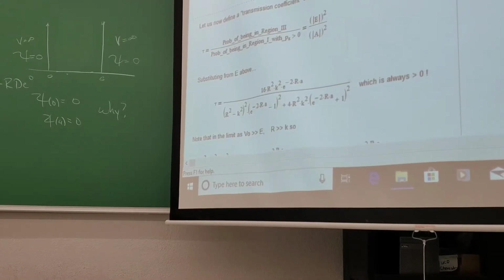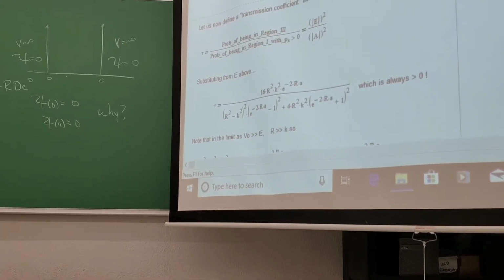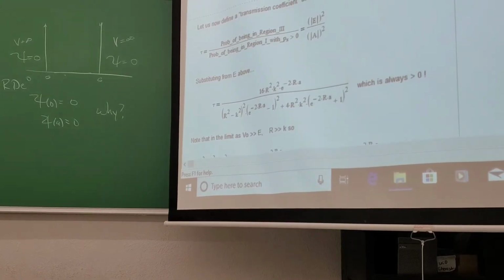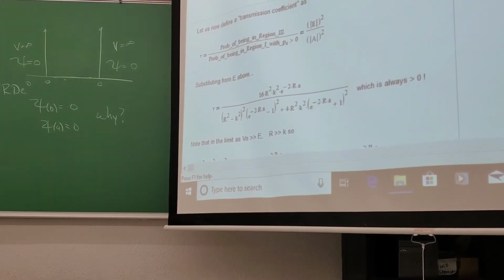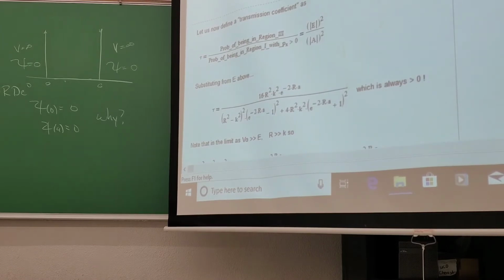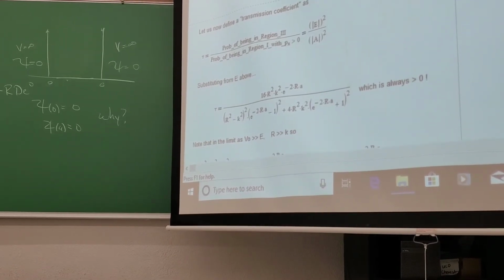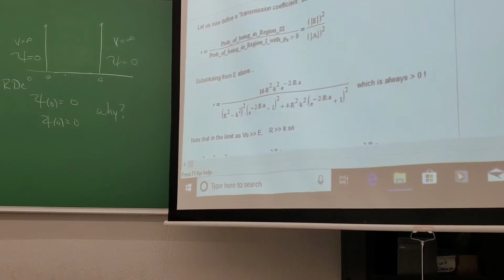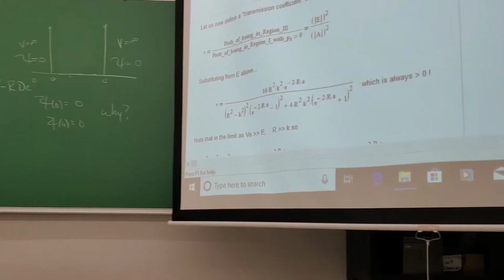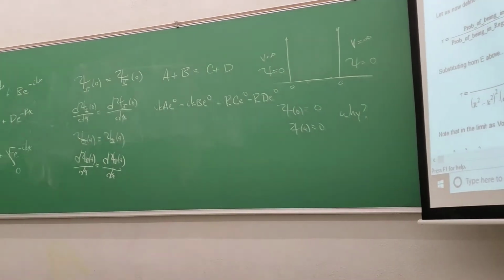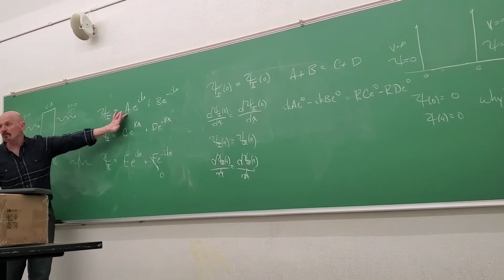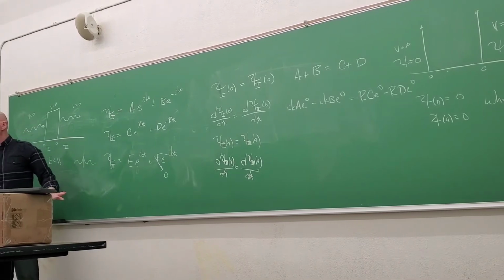I'm going to define the probability of the particle being in region 3 divided by the probability of the particle in region 1 moving forward. Here's where that previous homework problem that I elucidated comes into play. The probabilities are the coefficients squared.